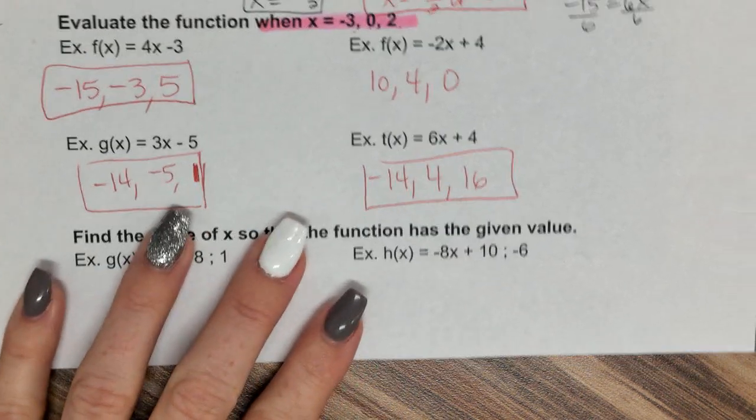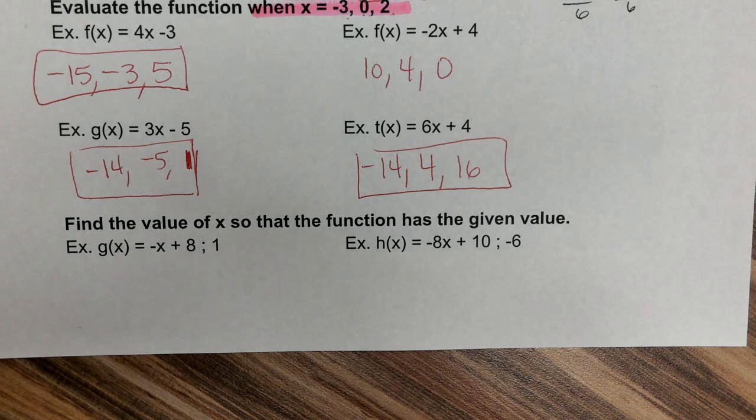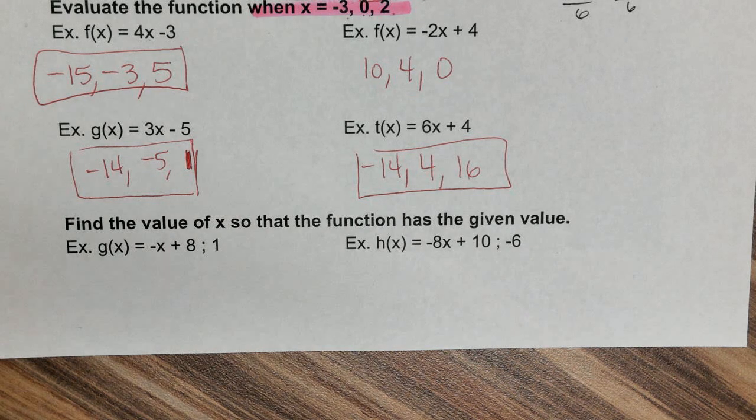Now, I want you to read the next two, and I want you to decide, am I plugging in for x, or am I plugging in for y, the function? So read it and see what you're going to do.